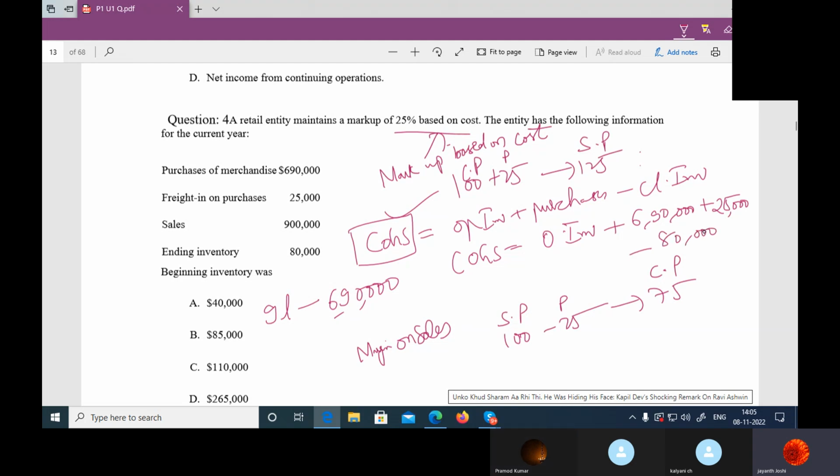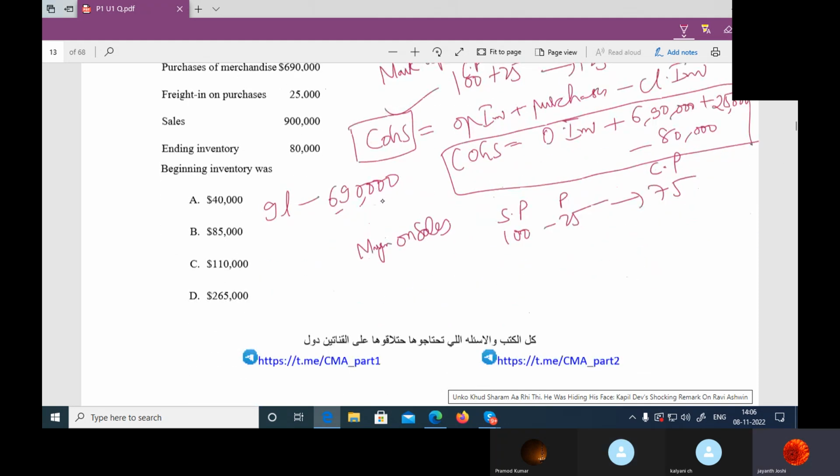Can you do this or not? Yes, but we have to find out COGS first. So COGS is sales minus cost of goods sold.